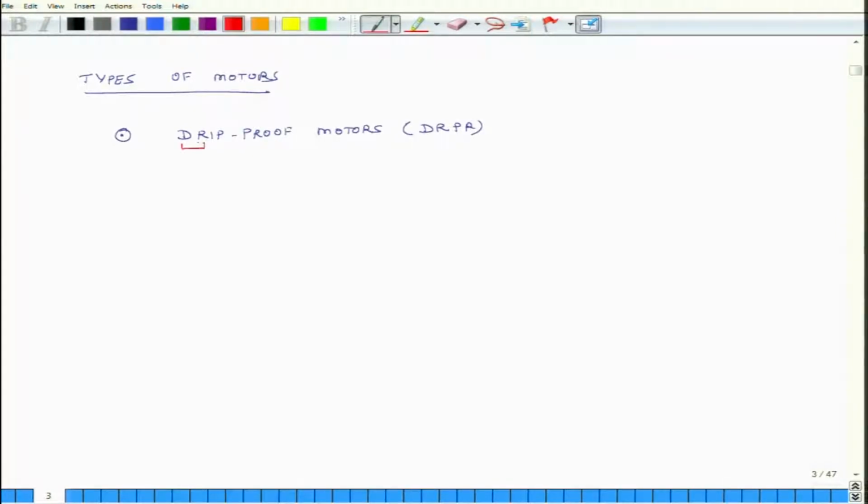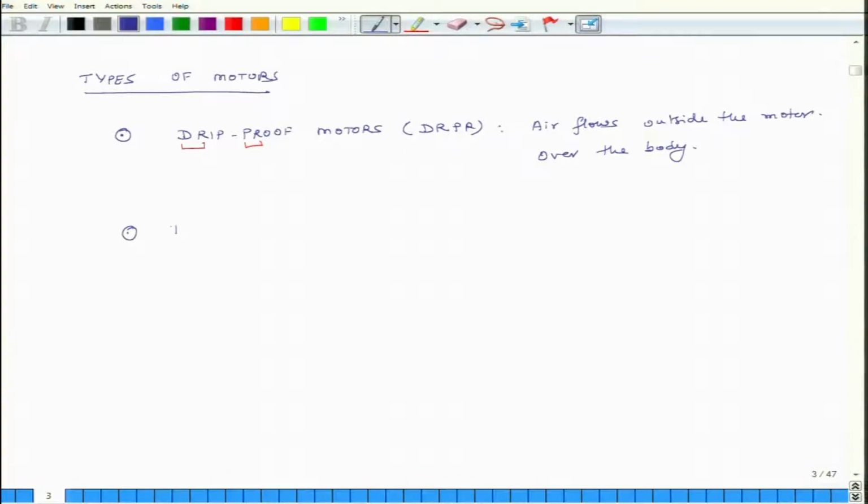So, what is DR and PR is from the proof, DR-PR motors. Okay. What happens in these motors? These motors, the air flows outside the motor, it flows outside the motor and over the body. Okay. So, there may be an external fan which is attached to the casing of the motor, and it blows air over the motor's casing.